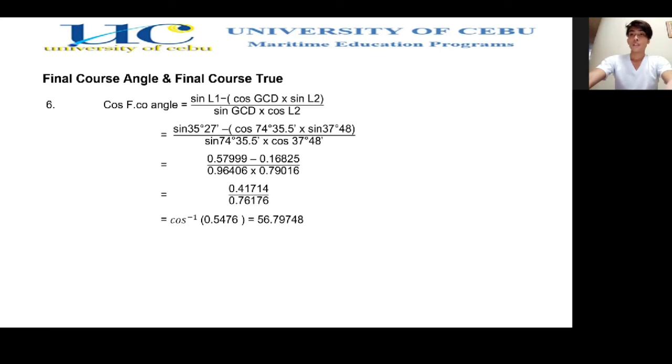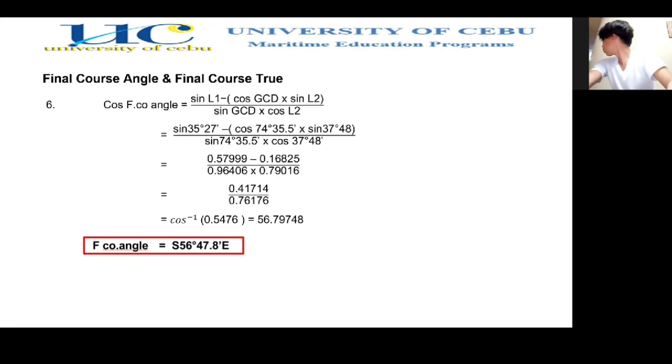So in converting that into degrees, you should just simply press shift, degree symbol in your calculator, then press equals. So now we will get south 56 degrees 47.8 minutes west.